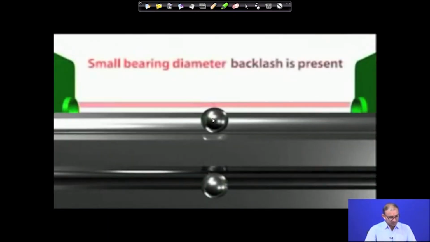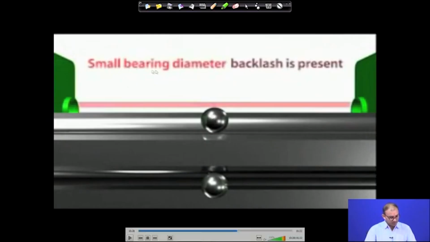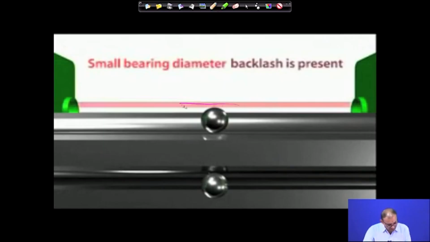This is the situation with a small bearing diameter, and this is the length where we have to keep our diameter. Now this is the rail, correct, and the diameter is here. So, this is the particular backlash, right. If that backlash is present, what is going to happen here?